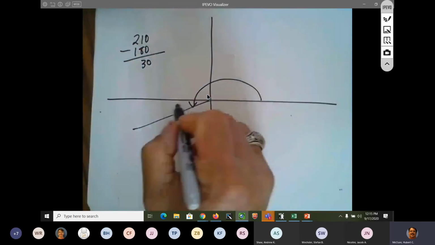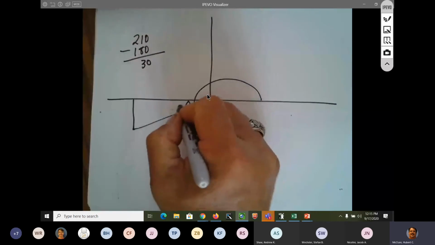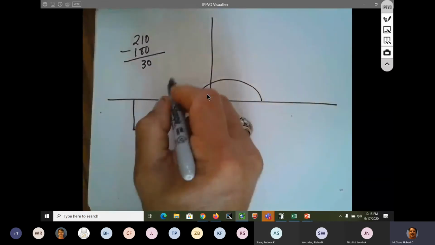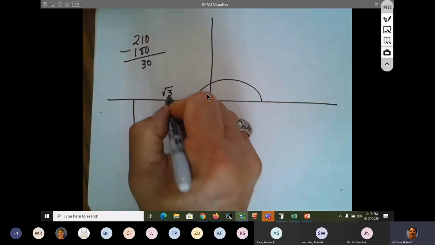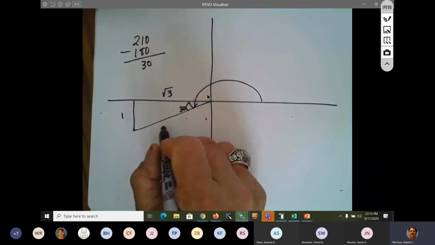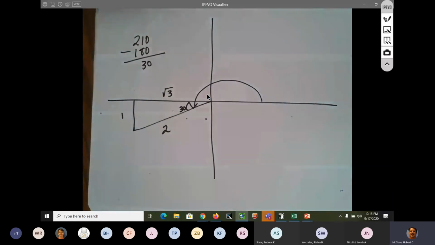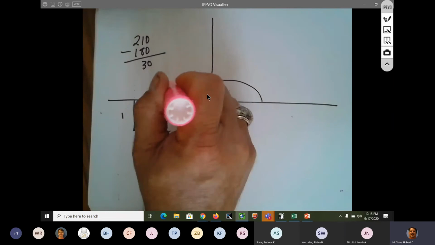So we know we've got a 30-degree angle, which is a special angle, which is square root of 3, 1, and 2. Now somebody tell me what the adjacent is in the third quadrant. Is it positive or negative? That means I want y'all to interact with me. It's not rhetorical. They're both negative. The adjacent is negative. What is the opposite?